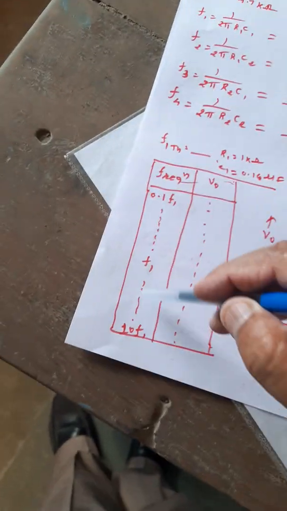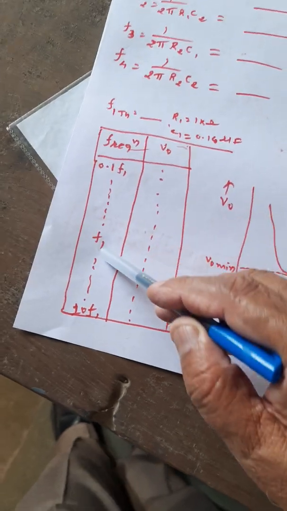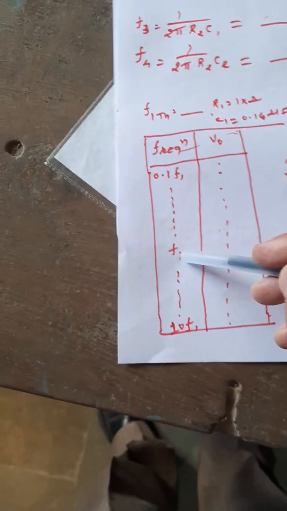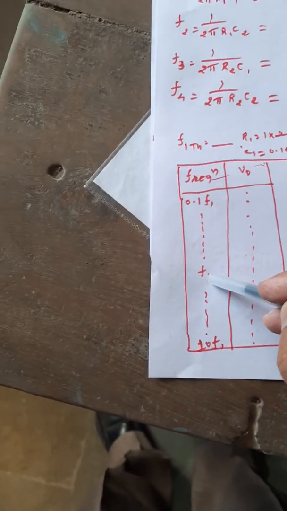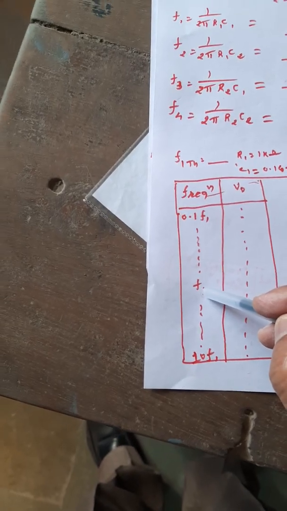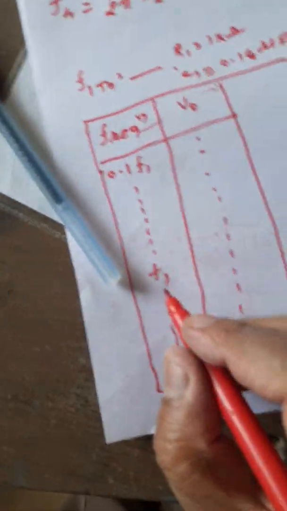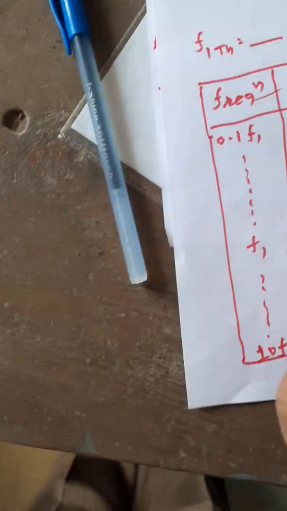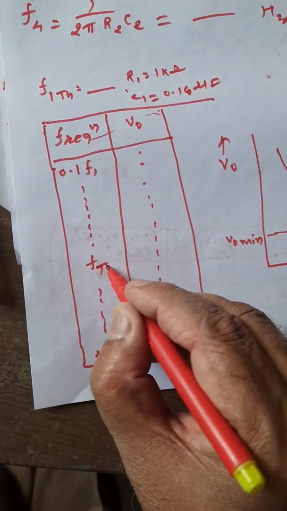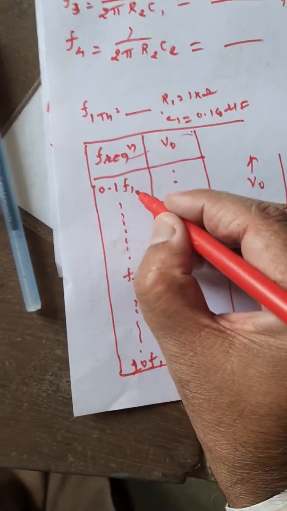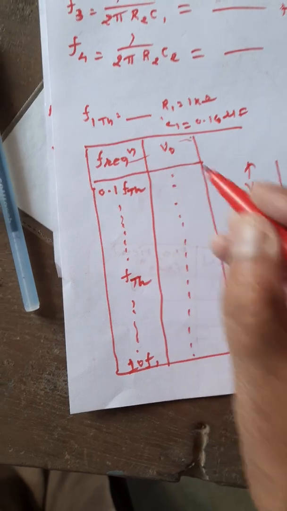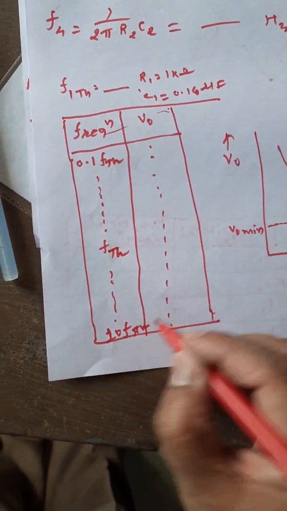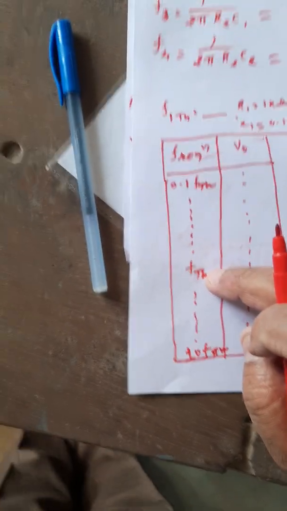So ideally, the range of frequency, here the frequency is the theoretical frequency that we are getting, FTH. FTH is the value where we are setting this range.